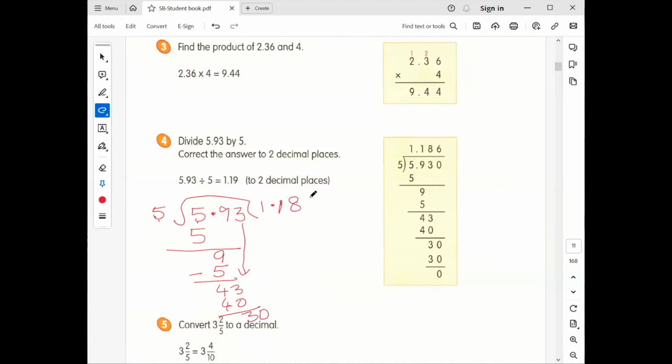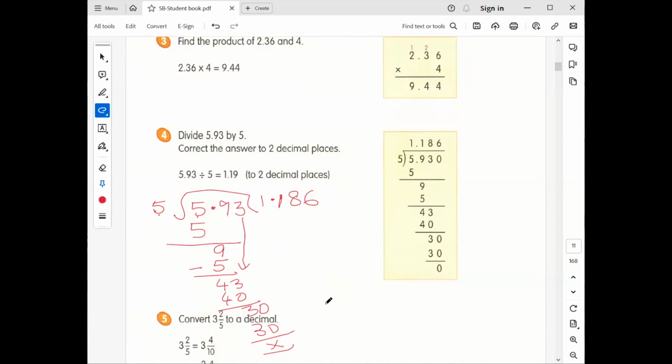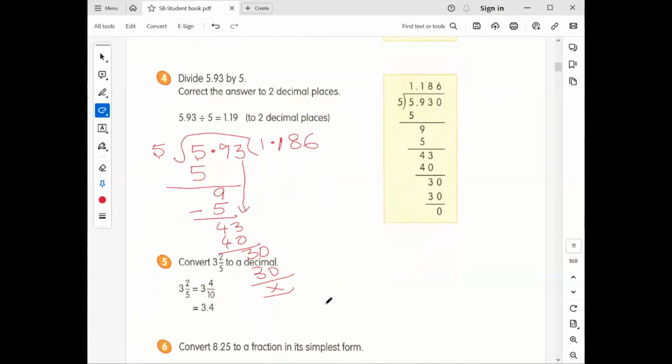We can keep going. It is the same division as you do with whole numbers, but the only thing is that where you see the decimal, that's where the decimal should come. Let's move on to the next one.